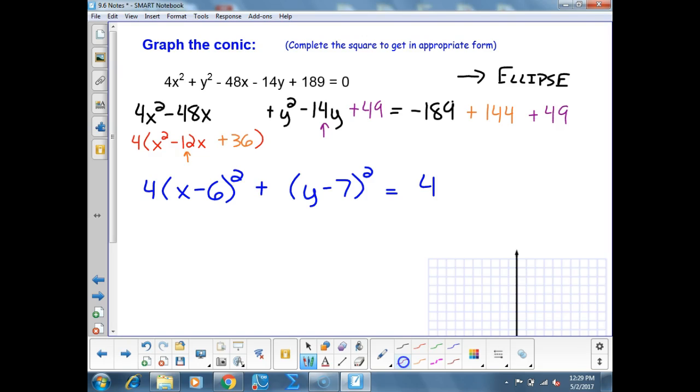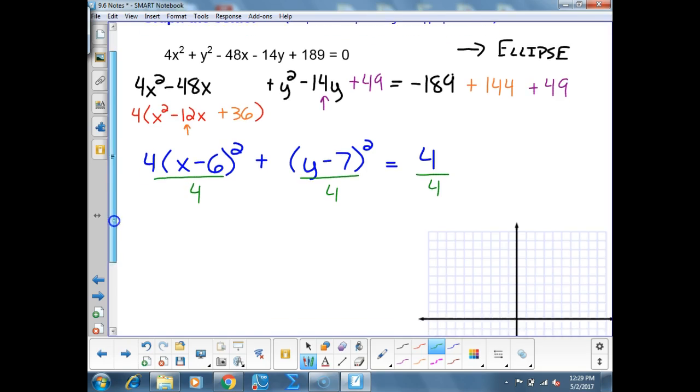Does it look like the ellipse formula yet? What do you mean, get rid of the 4? Divide each term by 4. Okay. So if I'm going to divide by 4 there, because my ellipses were equal to 1, I got to divide this term by 4, and I got to divide this term by 4.